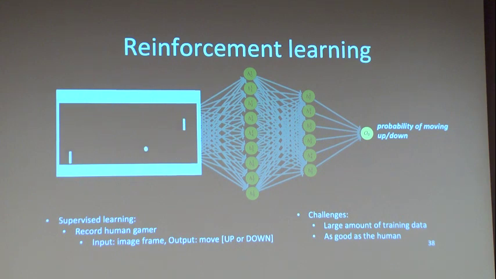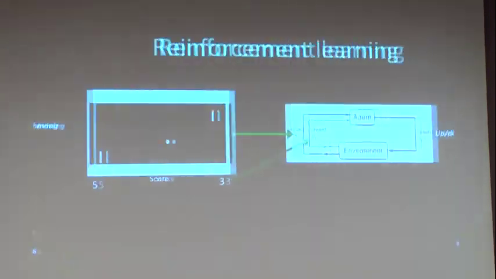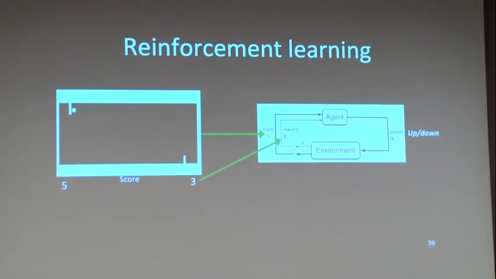So we want to design a system that can play better than humans. So how to do that? Here is where the reinforcement learning formulation comes in. Instead of telling the agent what is good, for a given image, whether you want to move up or down, let the agent play the game, okay? And then give the score as the reward to the agent.